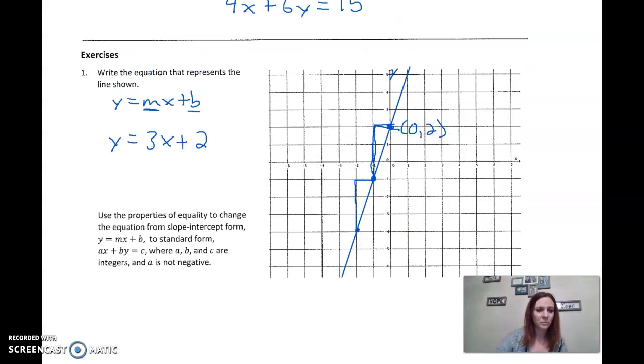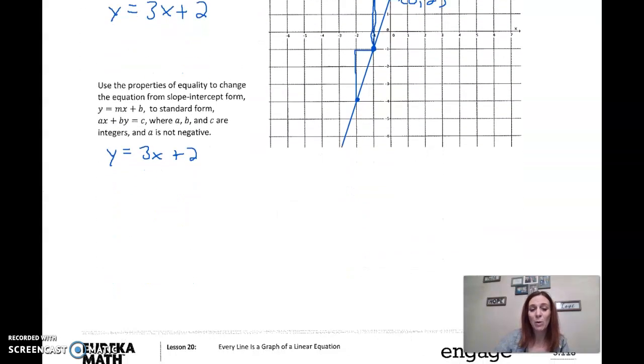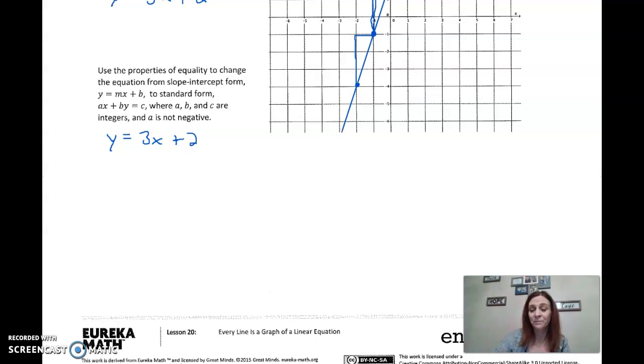Okay? So I'm going to take this equation right here. Y equals 3 times x plus 2. And that's where my focus is going to be right now. I need to get x and y together on the left side.